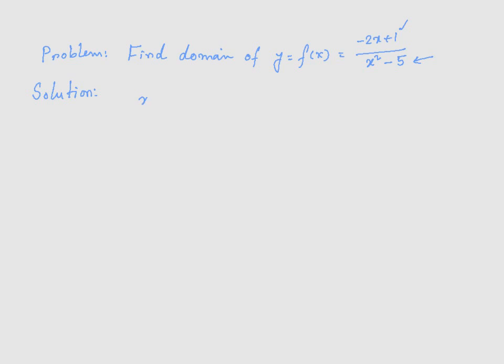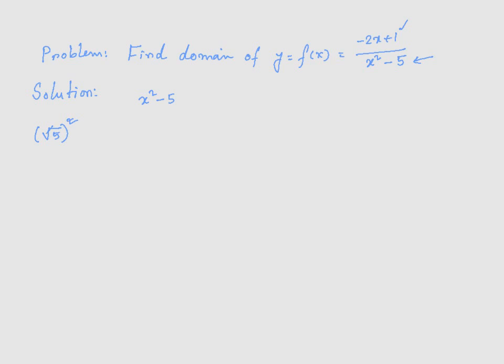So what we are going to do is write x square minus 5, the denominator, and try to find out what value of x will make the denominator 0. Just by observation, if you put x is equal to square root of 5, then you get x square, square root of 5 square.